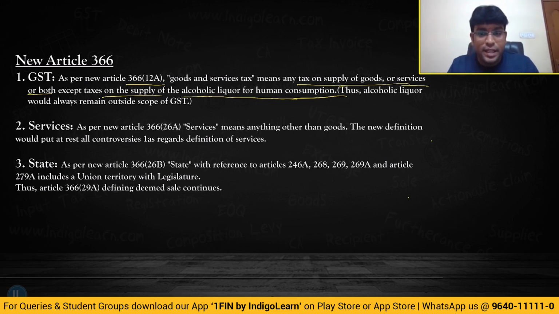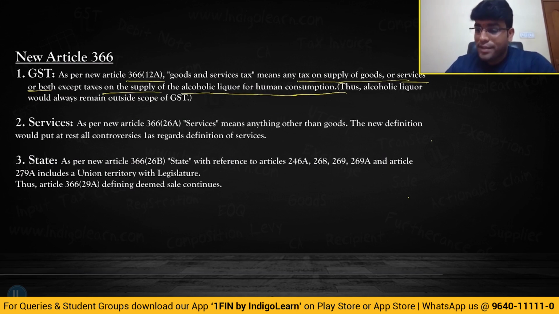So one point is very clear now: GST will apply on all goods or services or both, except alcoholic liquor for human consumption. That's an important point on which all of you should have clarity. Alcoholic liquor for human consumption is permanently kept outside GST.